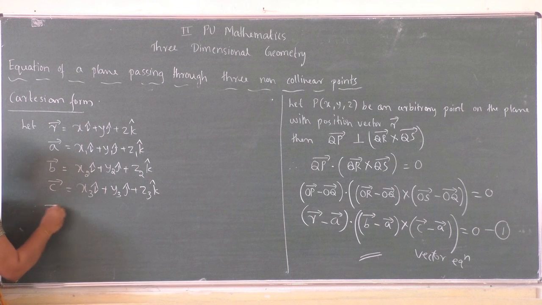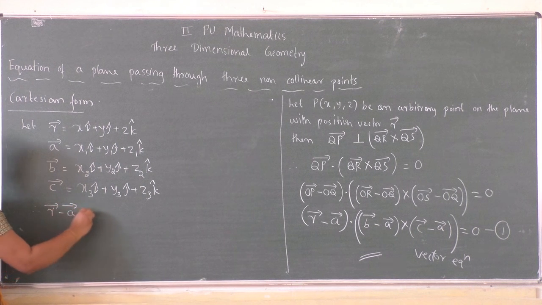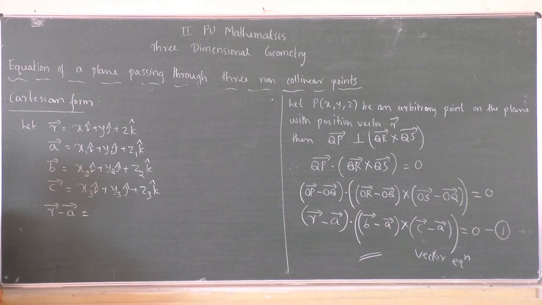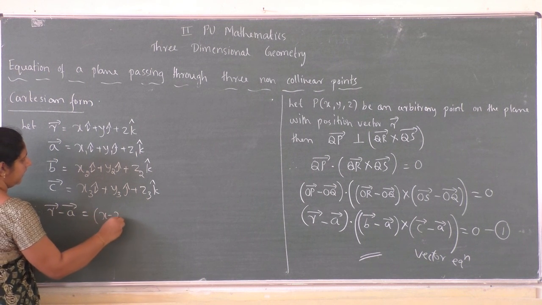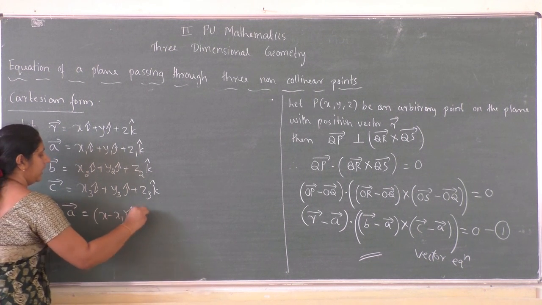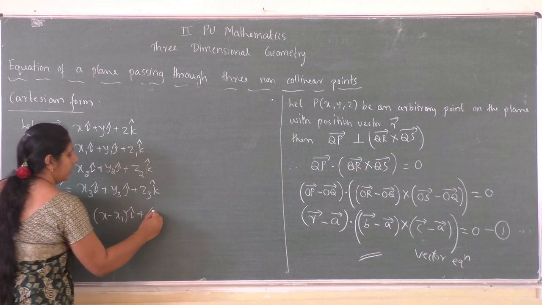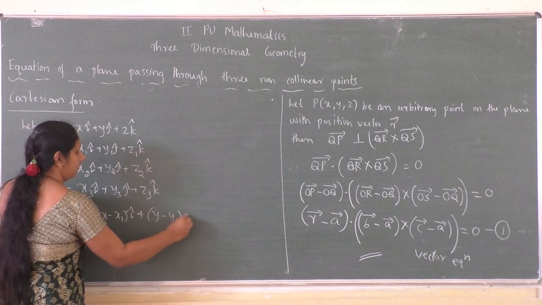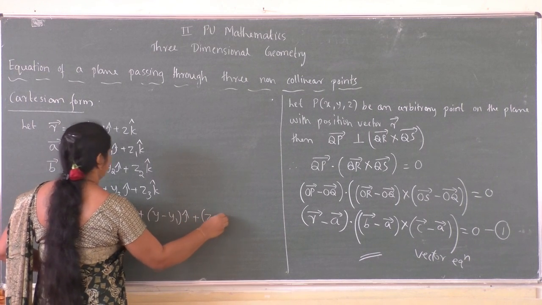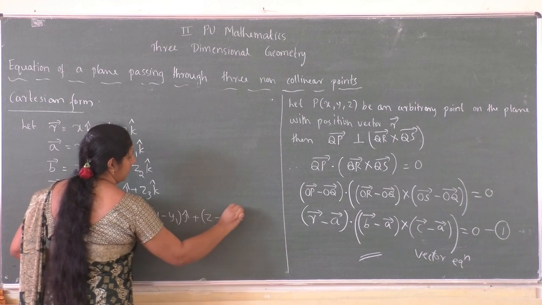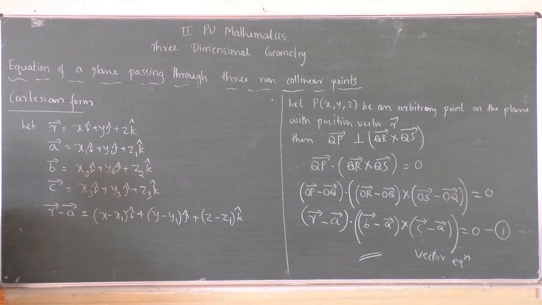So what is R vector minus A vector? It is x minus x1 into i cap plus y minus y1 into j cap plus z minus z1 into k cap.